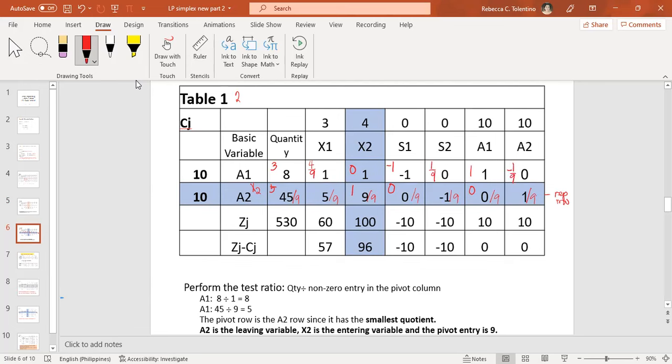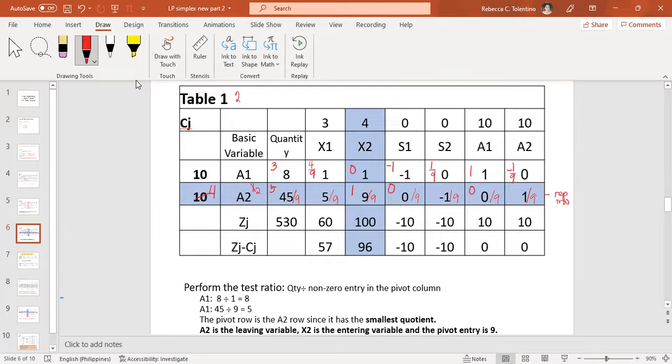Okay, so ito na yung bagong entry natin for table 2. The ones that you see in red are the entries in table 2. Now, since this is already x2, this will no longer be 10. Instead, the numerical coefficient of x2 is 4, so meron na tayong 4 dyan.